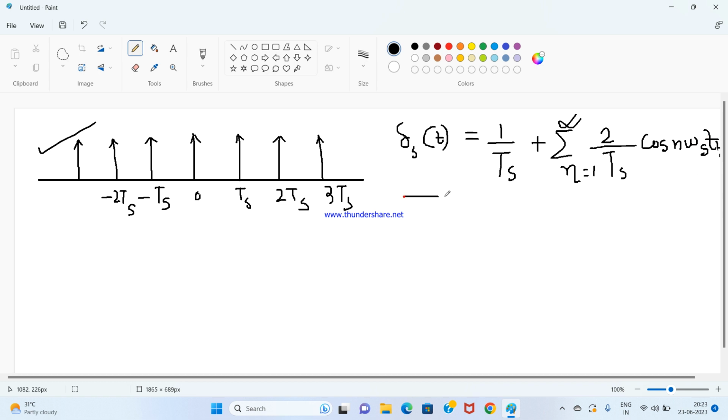Am I right? So this is the Fourier series expansion of the function shown here.